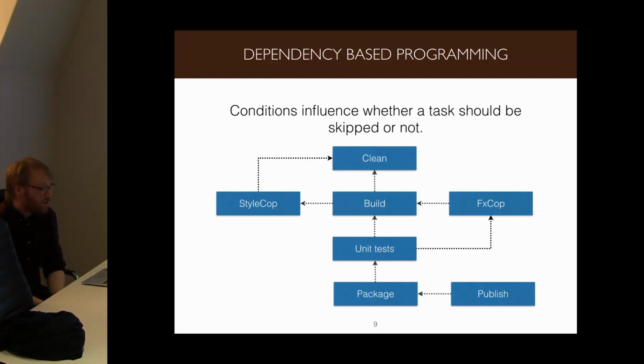You can also add conditions for a task. For example, maybe you don't want to run StyleCop for some reason during certain builds, or you only want to perform a publish if you're on a CI server, or on a specific branch or something like that. So you can add conditions to these tasks, to say if they should be skipped or not.